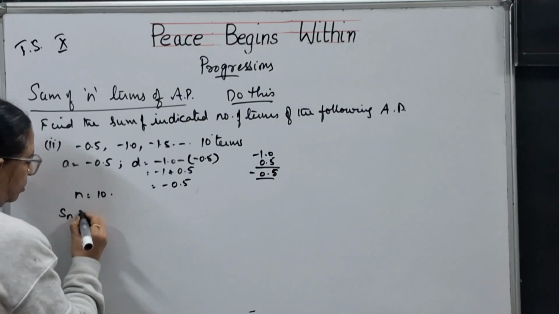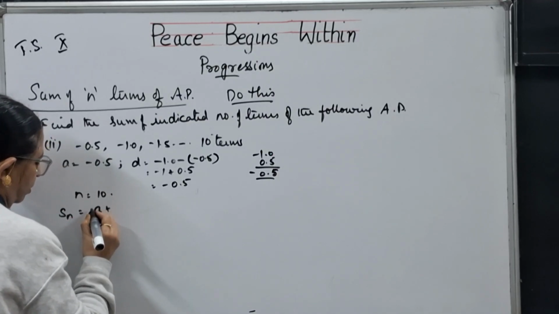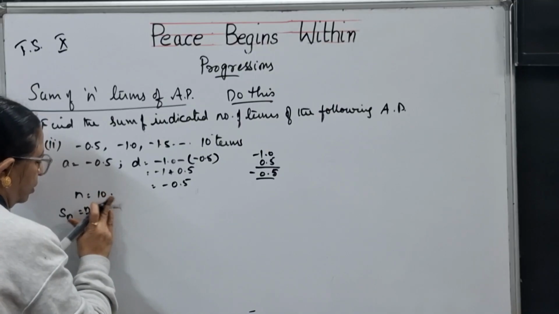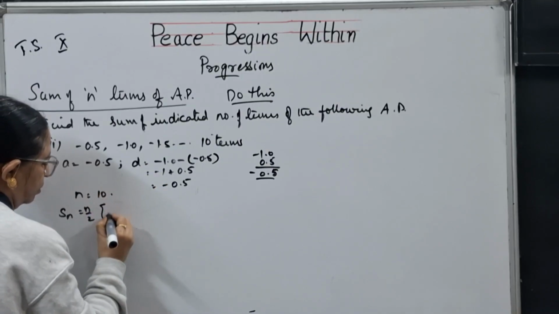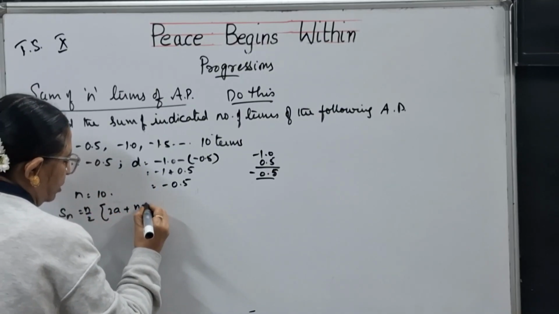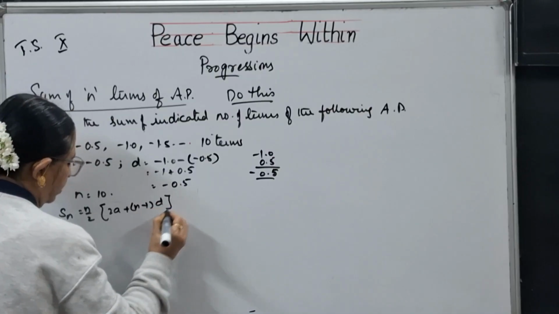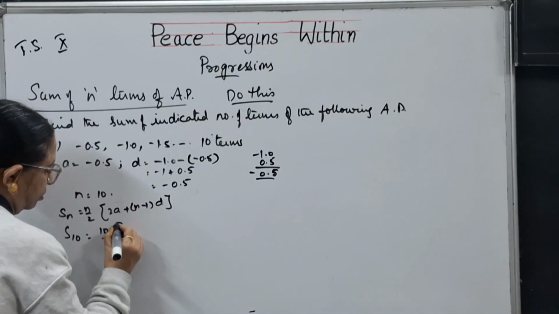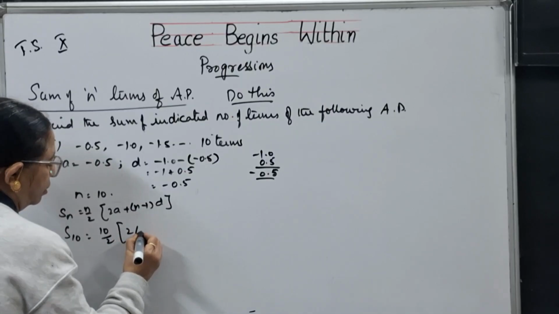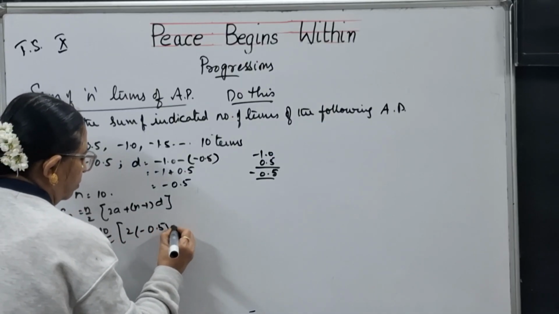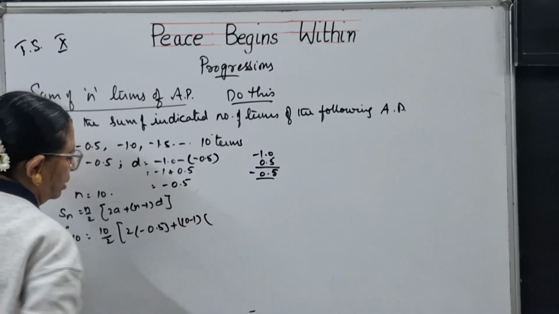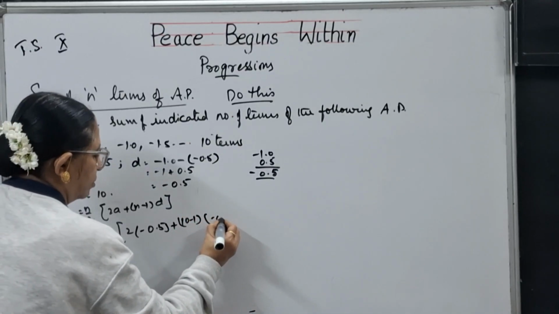So sum to n terms is n by 2 into 2a plus n minus 1 into d. We want the sum to 10 terms. 10 by 2 into 2 into a is minus 0.5, plus n is 10 minus 1, into d is how much? Minus 0.5.